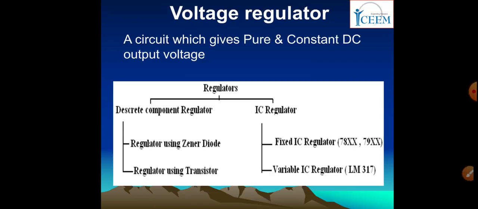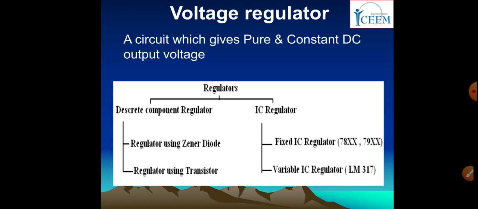Now let us see the last block of power supply, voltage regulator. Now our requirement is pure and constant DC. Till the filter we have got pure DC. Initially we were having 230 volt. We have stepped it down by using a transformer into lower AC. Our requirement is DC, therefore we have used a rectifier circuit which converts AC to DC, but we got pulsating DC.